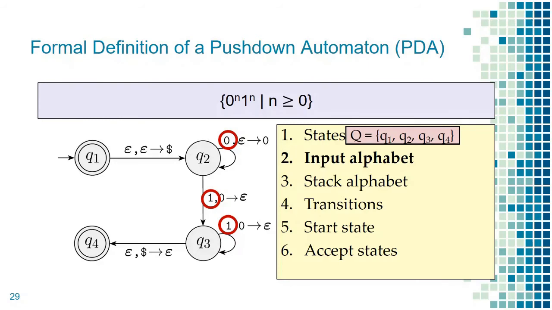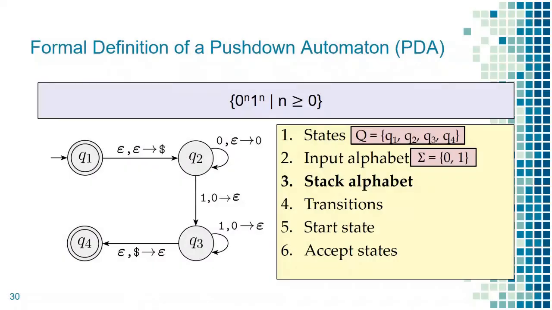So it's the very middle component of our transition triple. So it's everything that you can push onto the stack. Sorry, it's the second thing. Well, actually, it's the middle and the last thing.